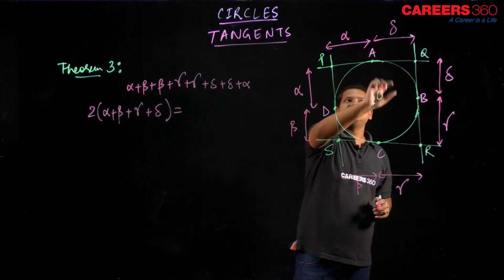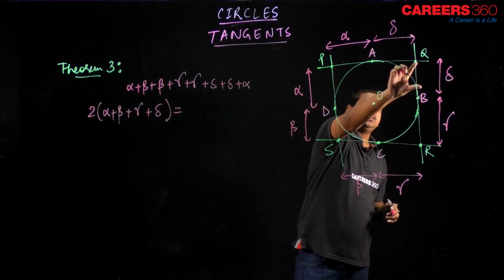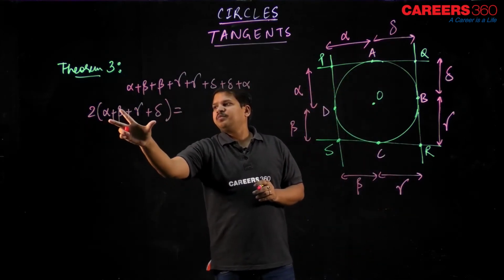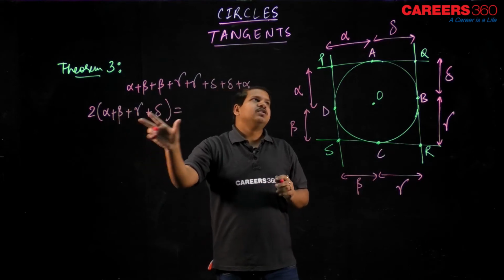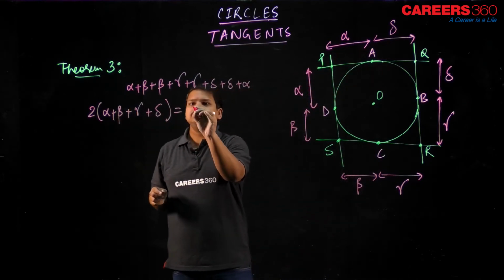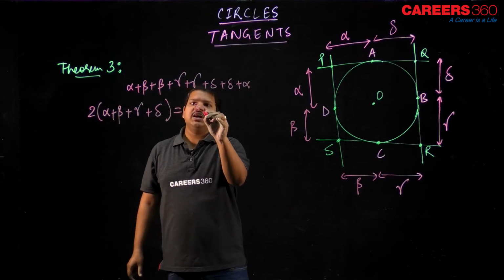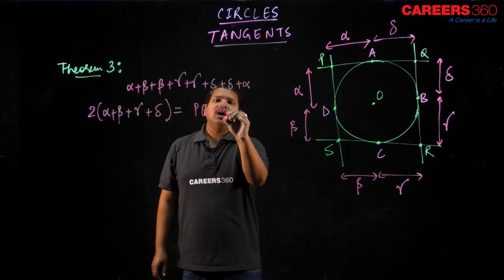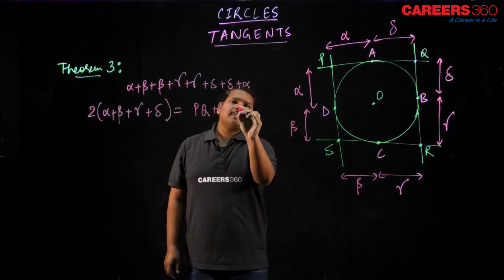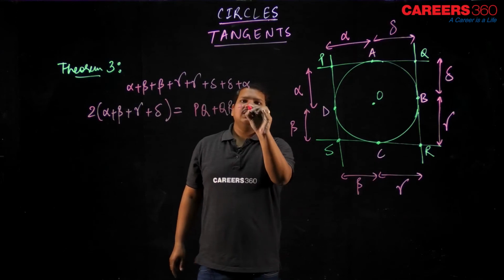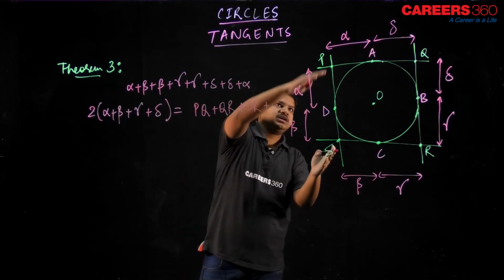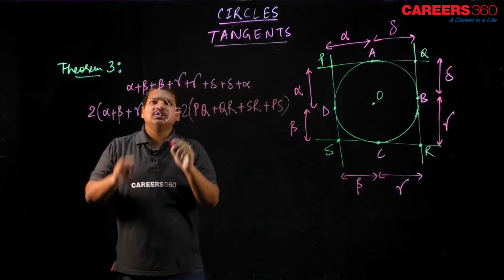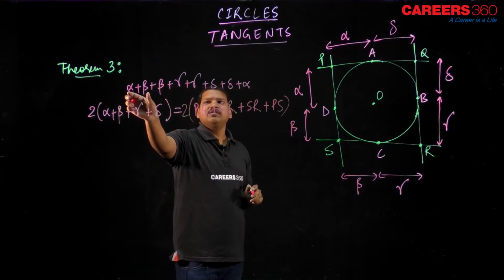Similarly, this is alpha plus delta. Alpha plus delta will be PS, and then plus QR plus SR and plus PQ.